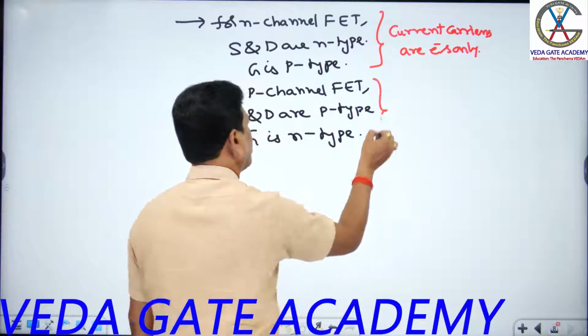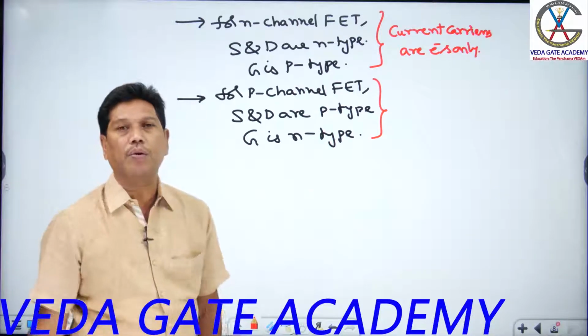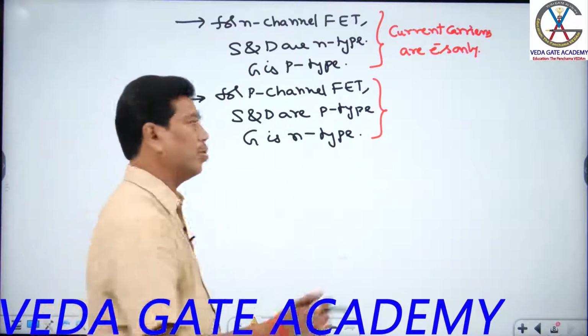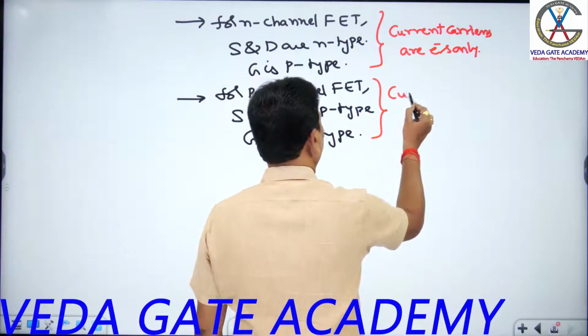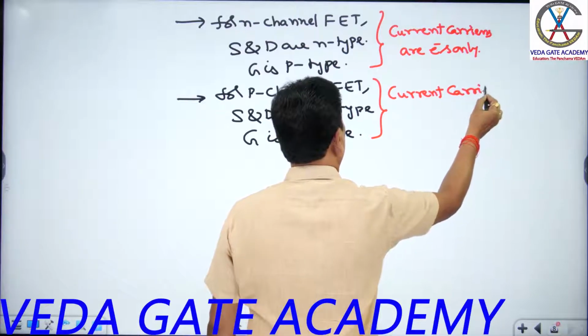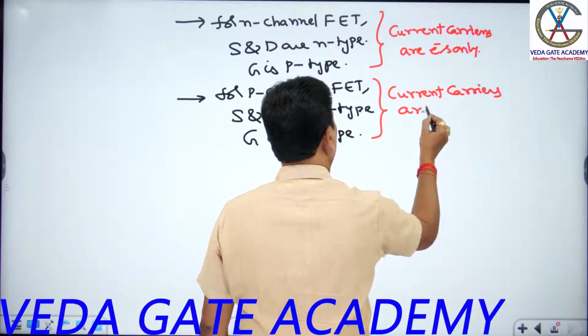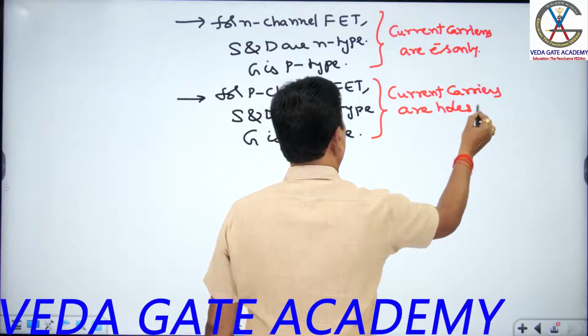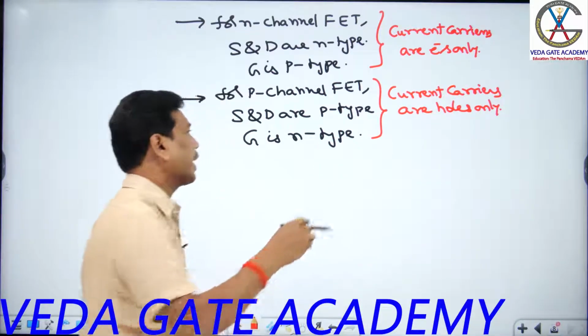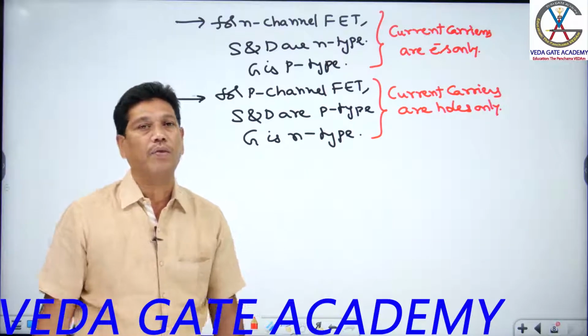If I go for this P channel FET, students, the current carriers are holes only, you can call. Here holes, here electrons. So this is the case. Current carriers are holes only, students. So in the case of N channel FET, you discuss the conductivity by electrons. In P channel FET, the conductivity is discussed by the drift of holes, students.